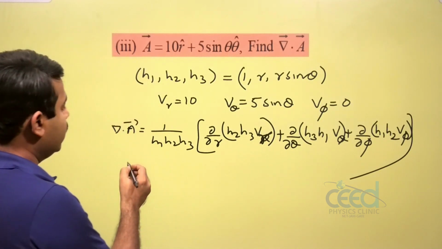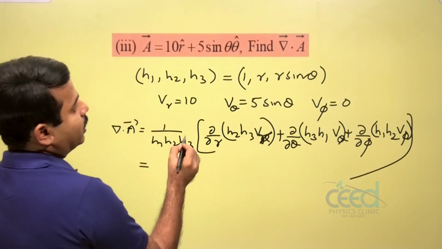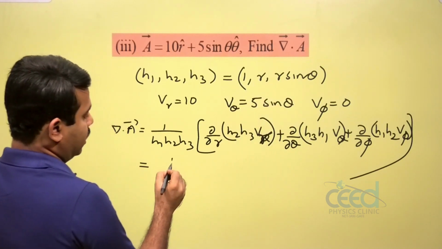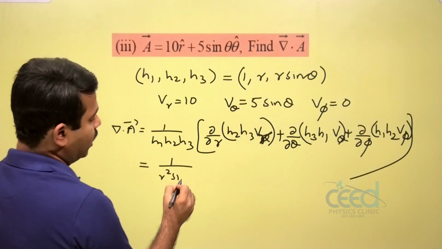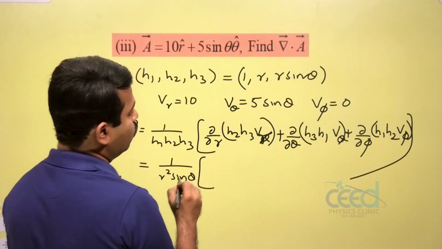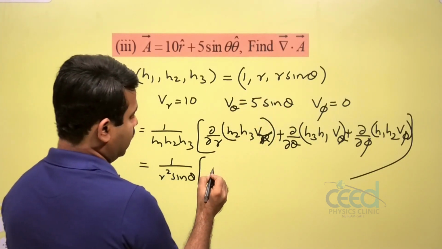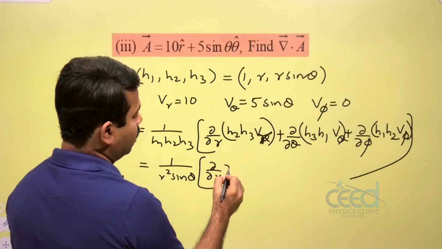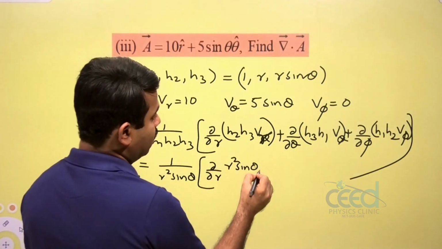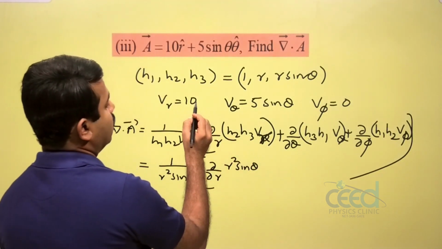Now h1 h2 h3 multiplication is r square sin theta. So 1 by r square sin theta into dou by dou r of h2 h3, that is r square sin theta, into V_r, and V_r is 10.